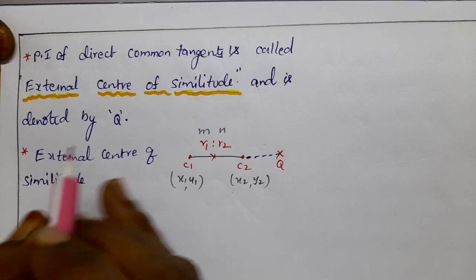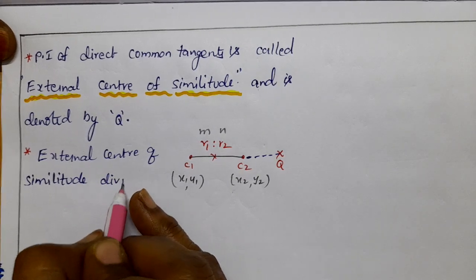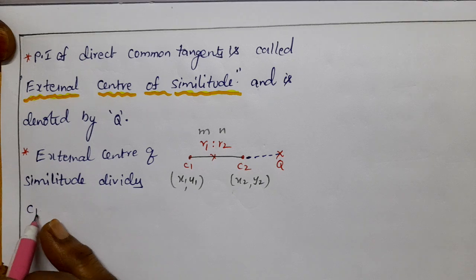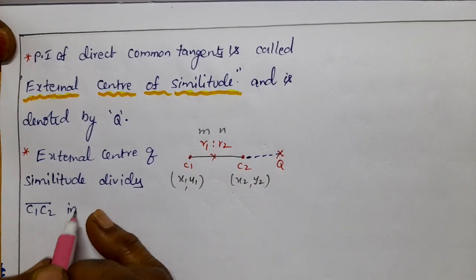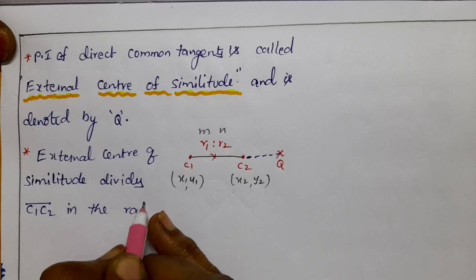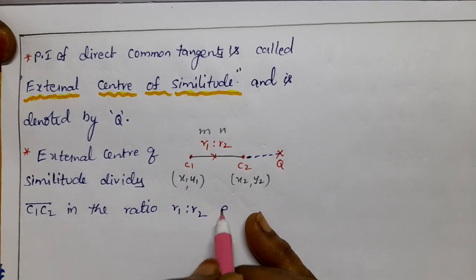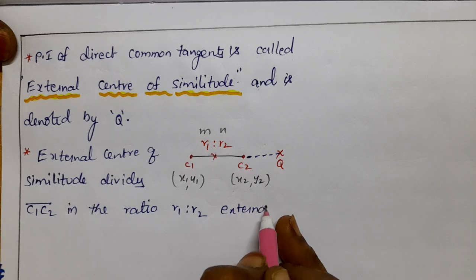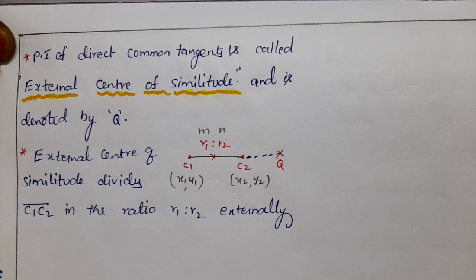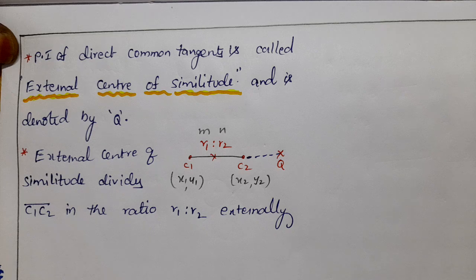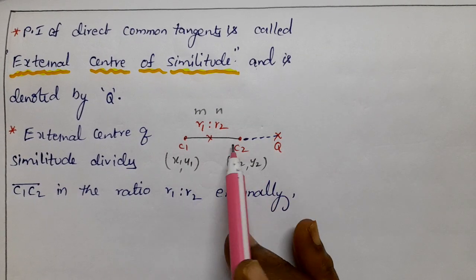The external center of similitude divides the C1 C2 line in the ratio R1 is to R2 externally, because Q lies on the external side of the C1 C2 line.